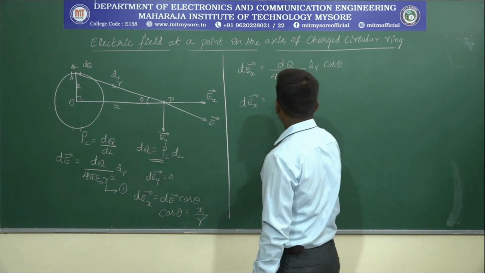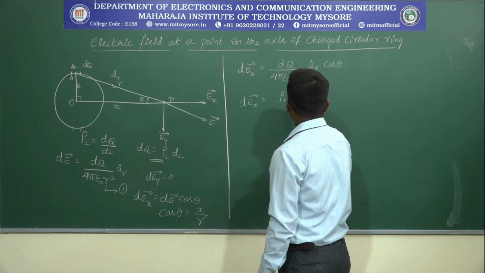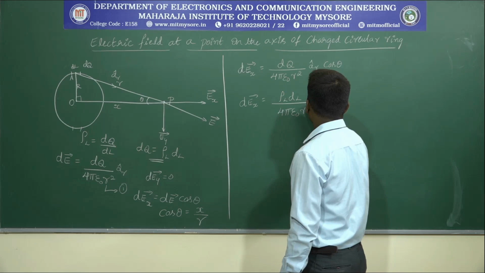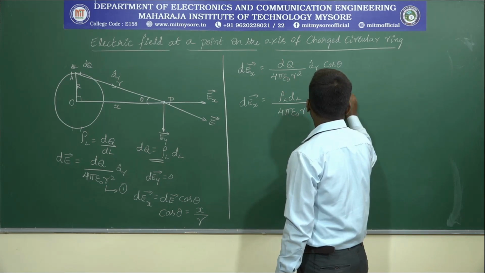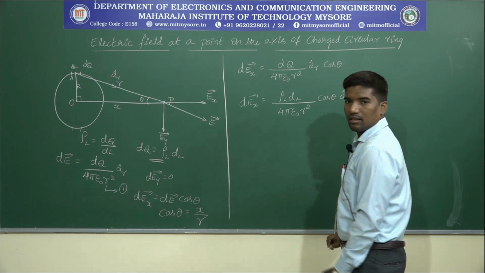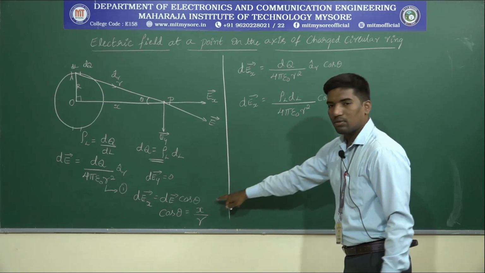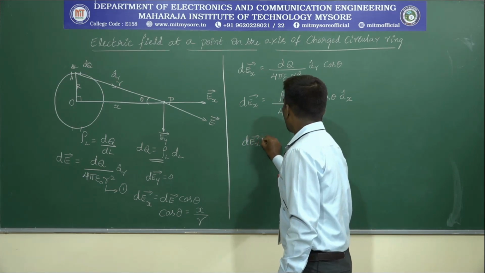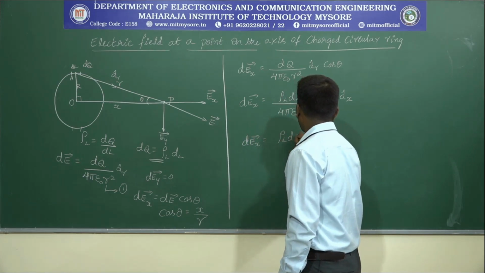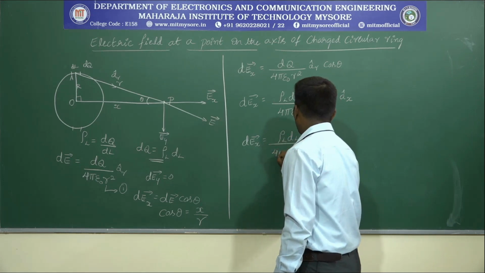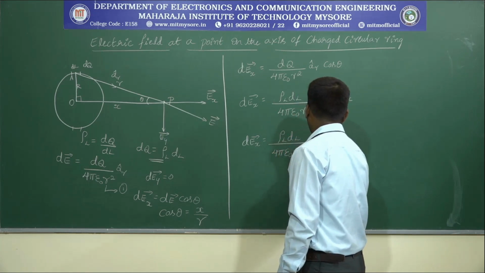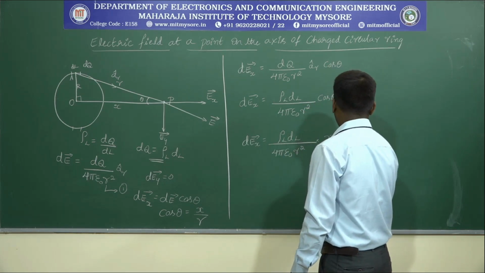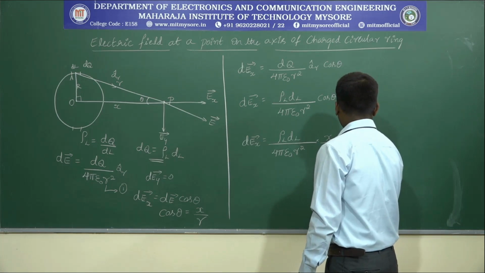dQ is equal to rho L into dL divided by 4 pi epsilon naught r square into cos theta into a cap r, right? What is cos theta? Cos theta is equal to x by r. Substitute that also. dEx is equal to rho L into dL divided by 4 pi epsilon naught r square into x divided by r into a cap x.